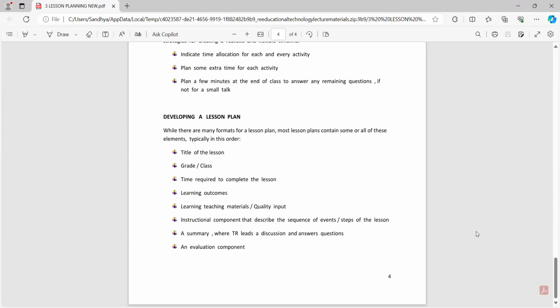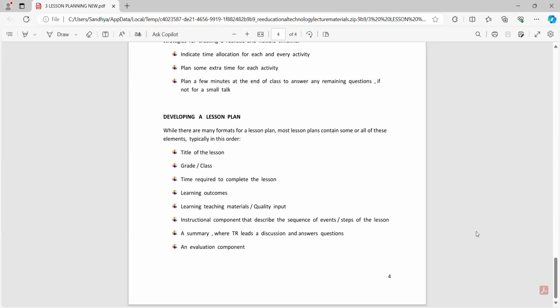Learning teaching materials or quality input. Instructional component that describes the sequence of events or steps of the lesson. A summary where the teacher leads a discussion and answers questions. And finally, an evaluation component. Evaluation or assessing whether the students have learned it or not.